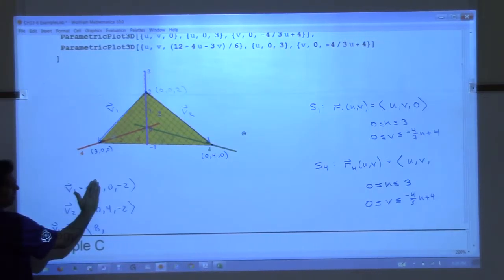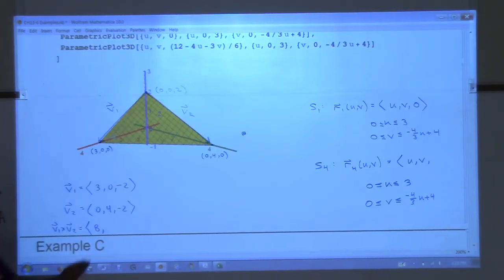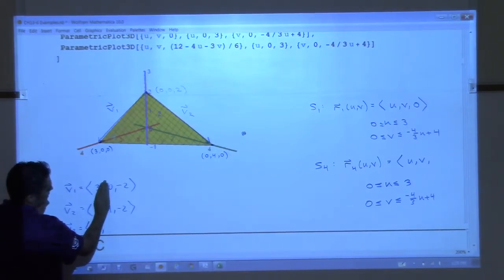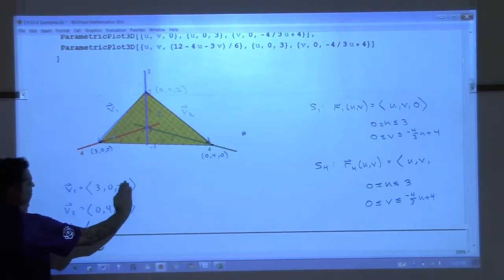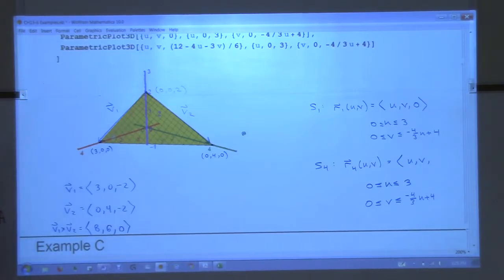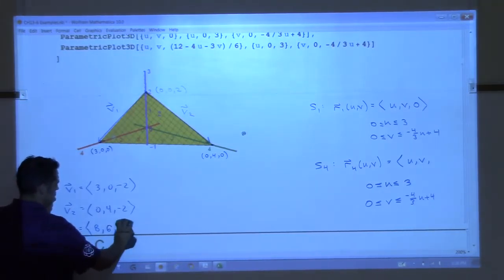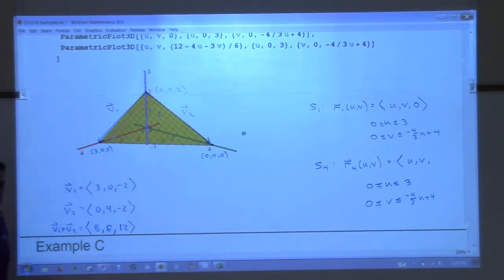I don't know why I did that. Oh yeah, because it's minus, yes. 8, and then negative 6, so 6, and then this last one we get 0. Is that right? No, that last one's not 0. What's that last one? 12, okay. There we go.